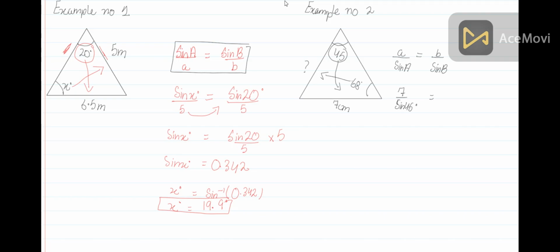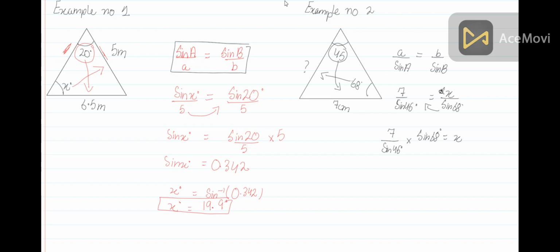This question mark is not given to you, so you can call it x, upon sine 68. Just move this sine 68 towards the left hand side. You will get 7 upon sine 45 degree multiplied by sine 68, which is equal to x, sorry, x length.